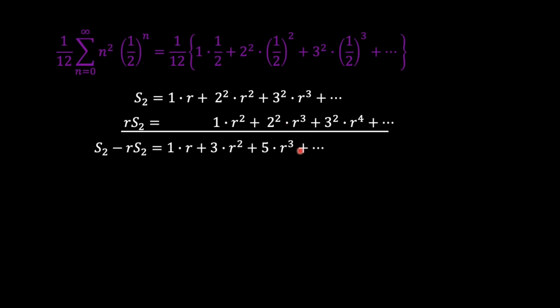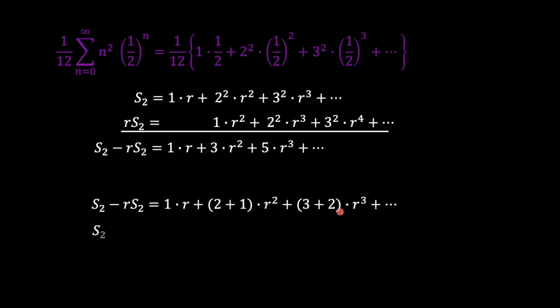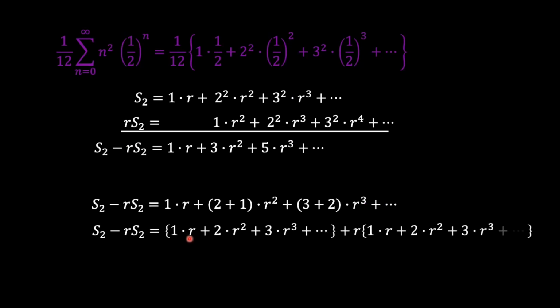So as we look at this problem, we can express it as the sum of 3 is the same as 2 plus 1, and then 5 is the same as 3 plus 2. And so what this essentially means is that the difference between S2 and rS2 is 1 times r plus 2 times r squared plus 3 times r cubed plus r times (1 times r plus 2 times r squared), where this here is similar to the sum S1 we computed previously.